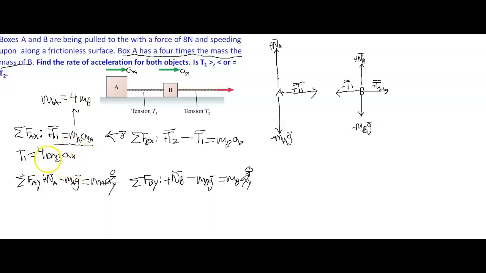And so now what I have is an equation defining what the tension is in terms of mass b and its acceleration.